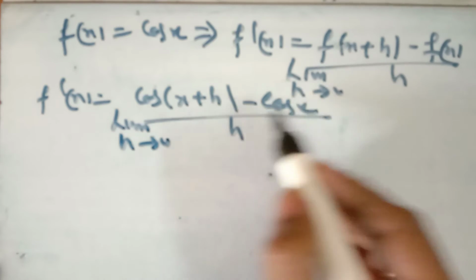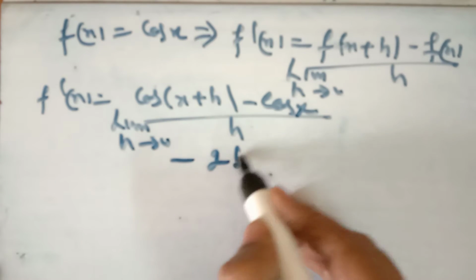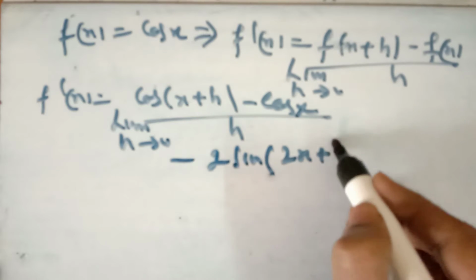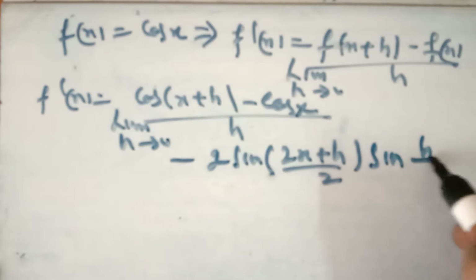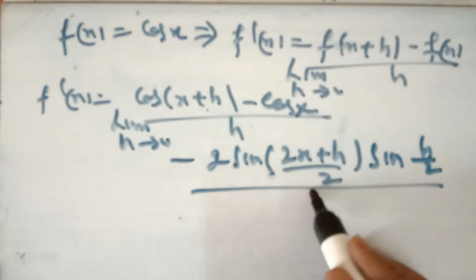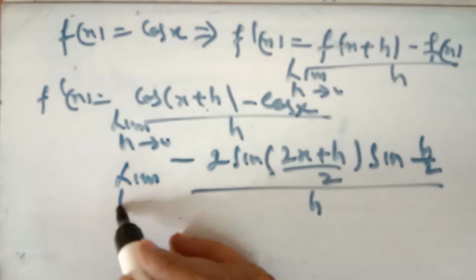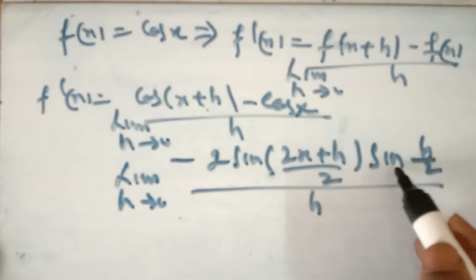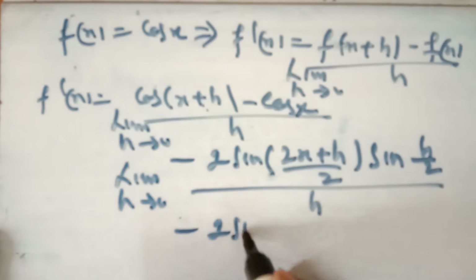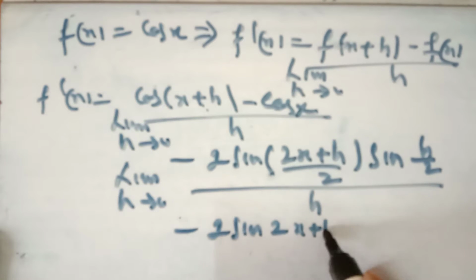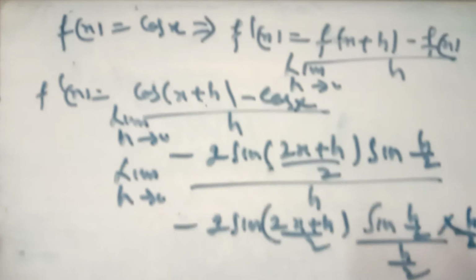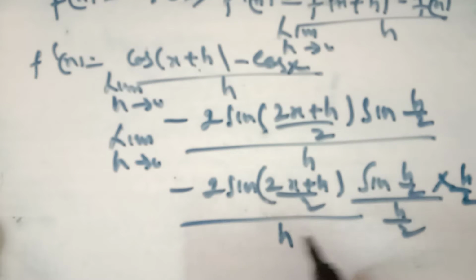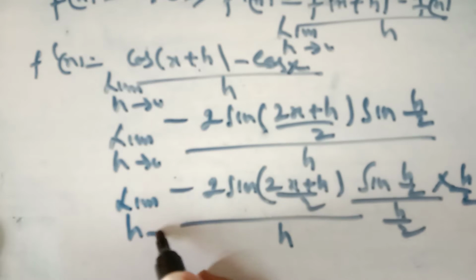Now using the formula of cos a minus cos b, it is equal to minus 2 sin((a+b)/2) sin((a−b)/2) upon h. So as usual, to make it equal to 1, you divide sin(h/2) by h/2, like this, sin(h/2)/(h/2) into (h/2) upon h, limit h goes to 0.